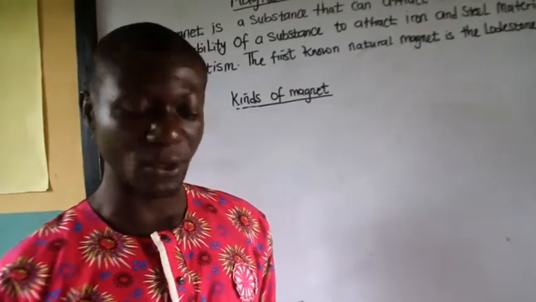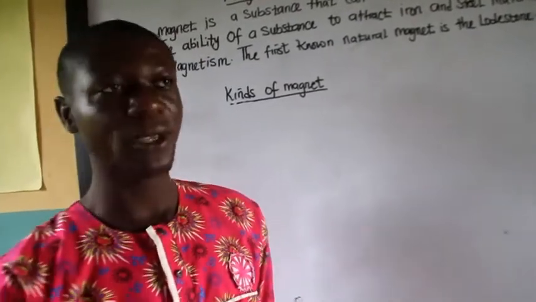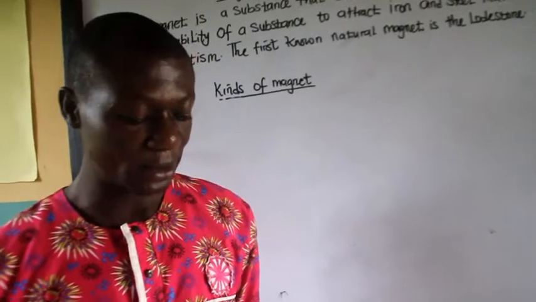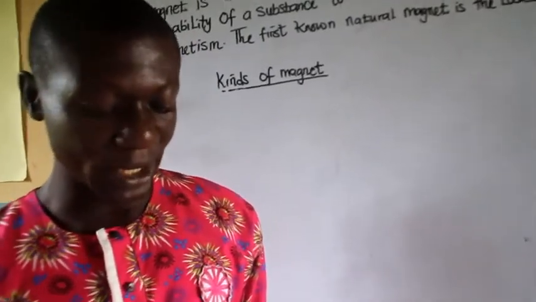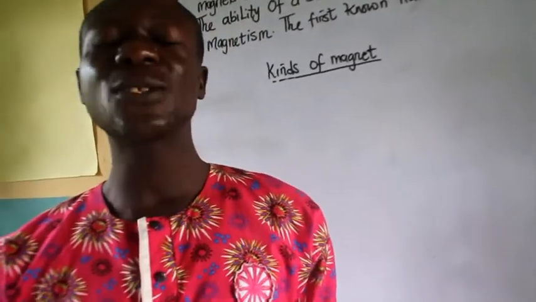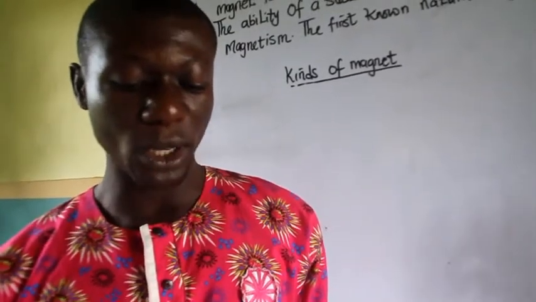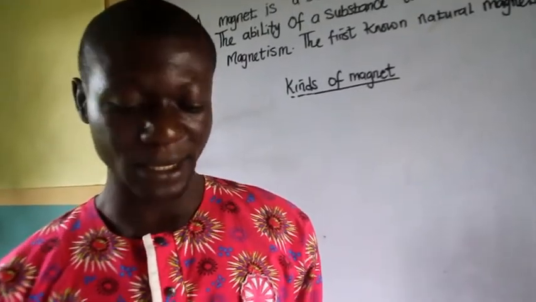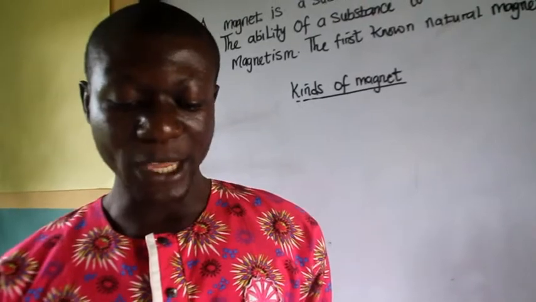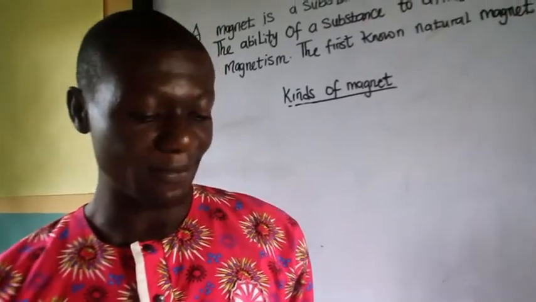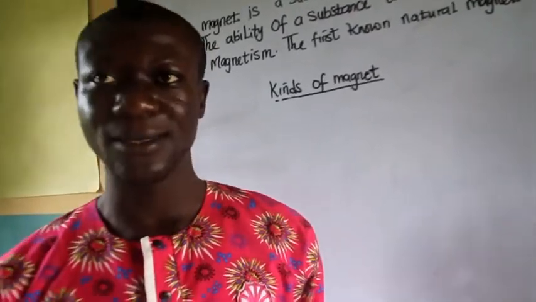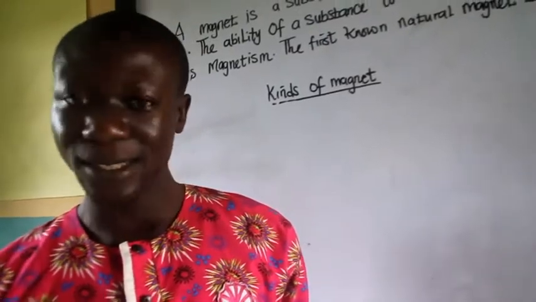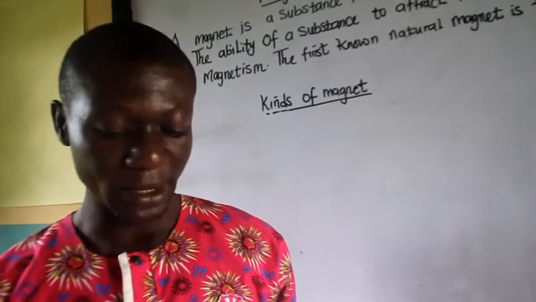That was what he discovered while he was moving on dry ground. He discovered that this rock contained magnetite, an iron oxide that has magnetic properties. With that, magnet was discovered.